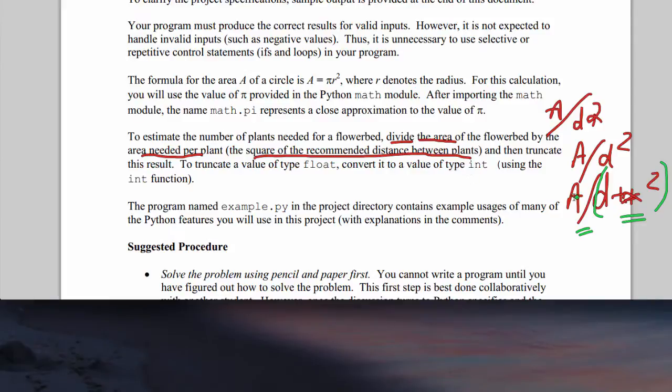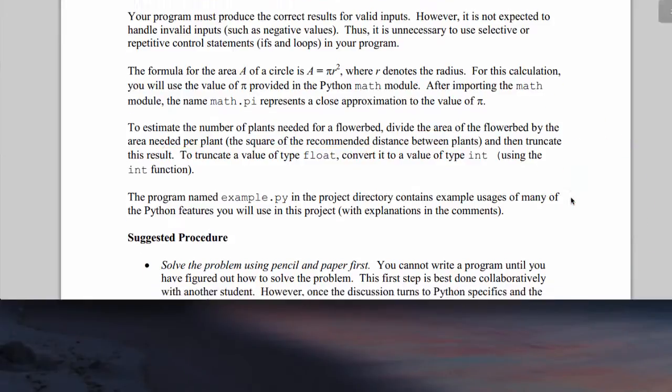Watch out, because we input the distance between plants in inches, and we had the values for calculating the area in terms of feet. So you better get those the same. Either do it all in feet or all in inches, it doesn't matter. Just be consistent. Always watch out for your units in this particular problem.